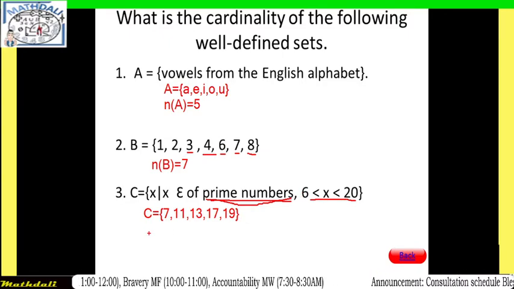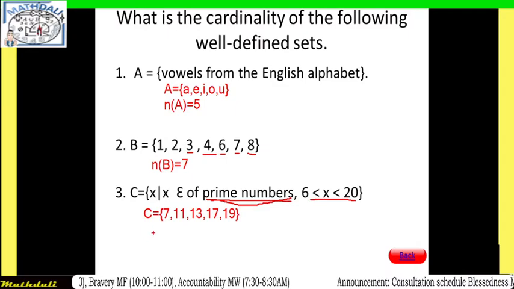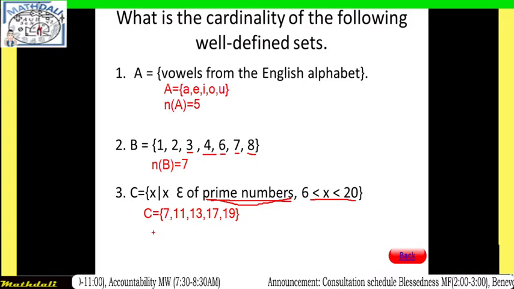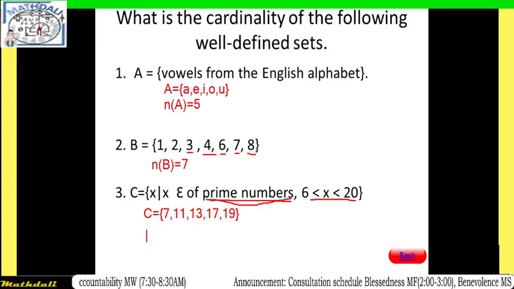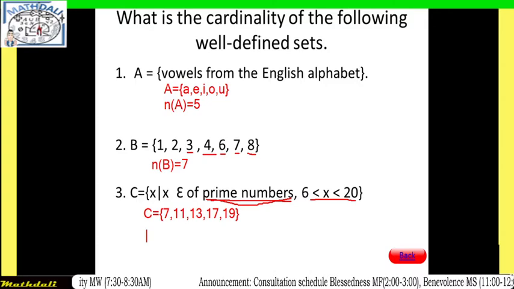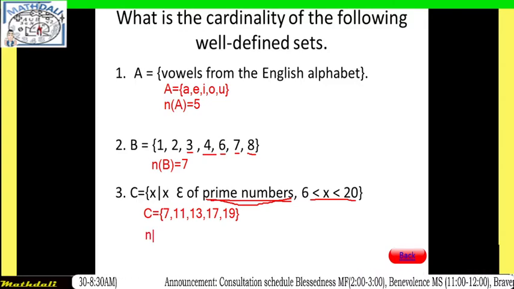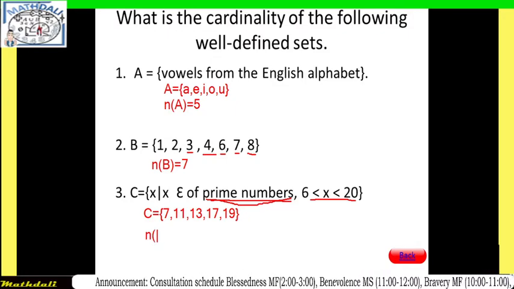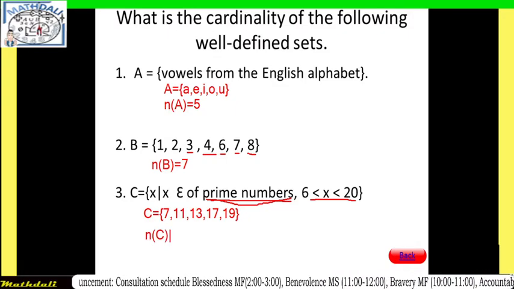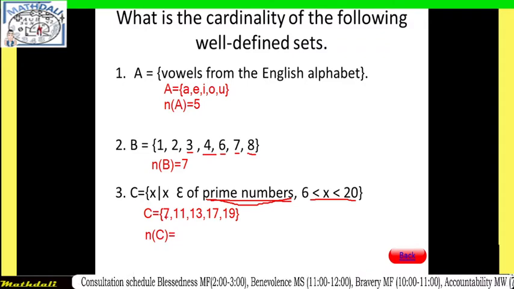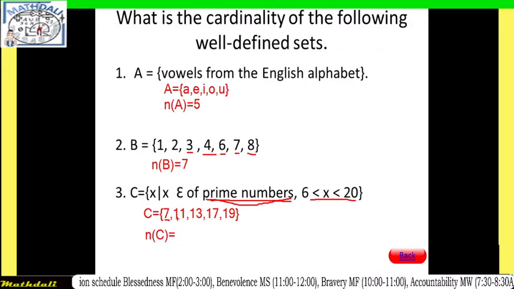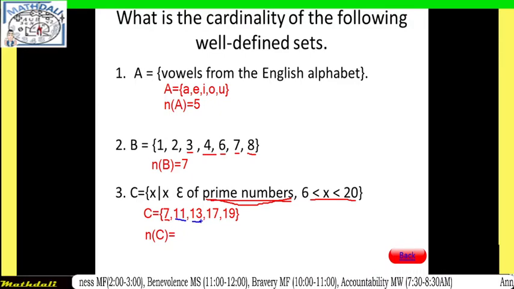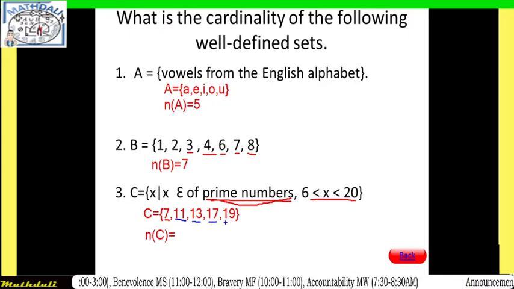So, ngayon naman, madali na lang natin malalaman kung ano yung cardinal number ng set C. So, by counting how many objects or how many elements in set C, we have 1, then we have 2, 3, 4, and 5.